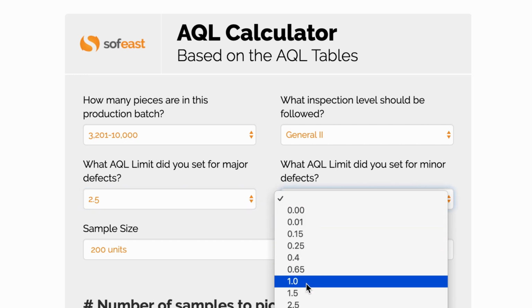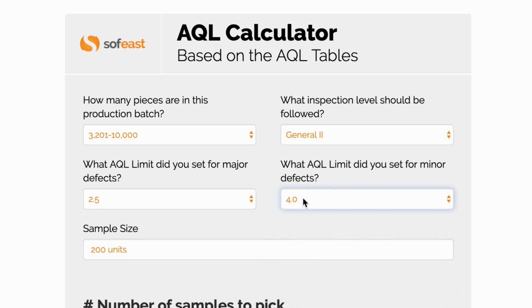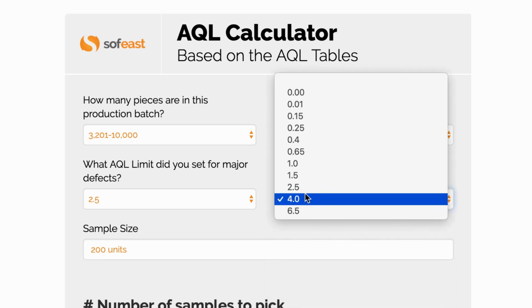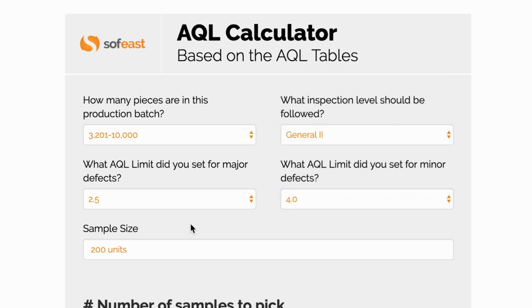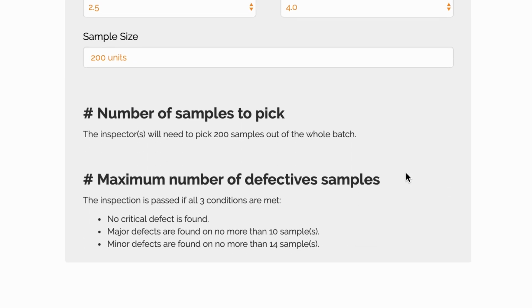And then for minor defects, we see most companies follow this 4.0, sometimes a little bit lower. All right, so based on this information, 2.5 for major, 4.0 for minor, the maximum number that can be accepted.